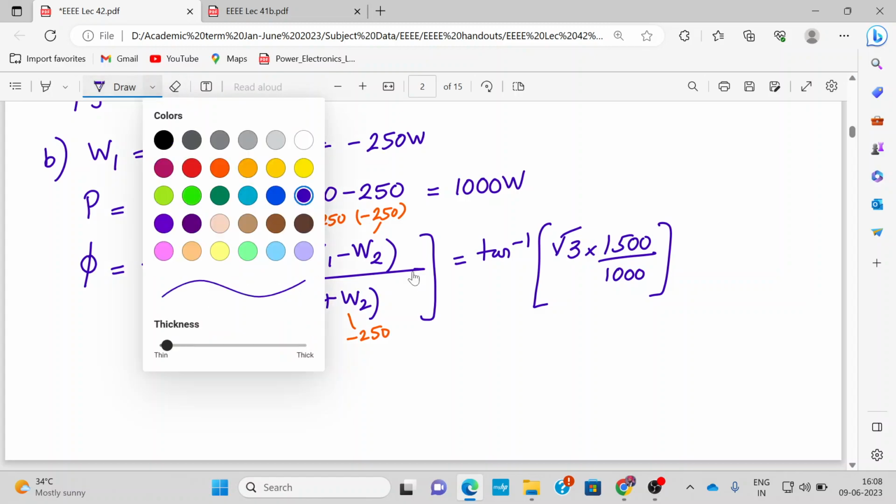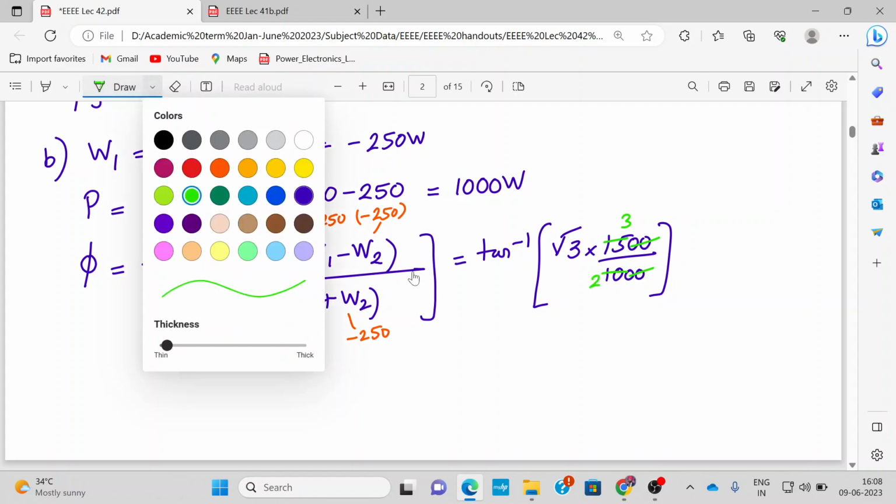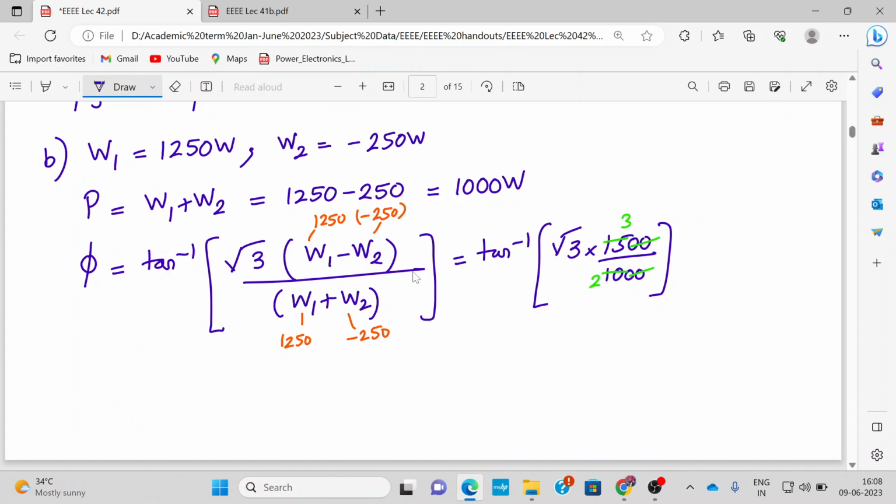If you calculate it further, it will be tan inverse of root 3 by 2, and the angle will be 68.94 degrees.